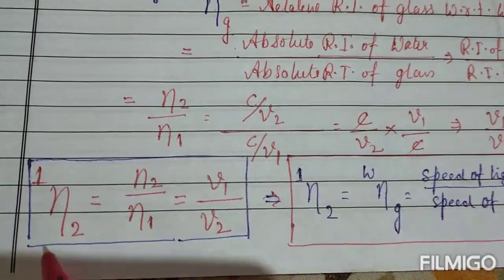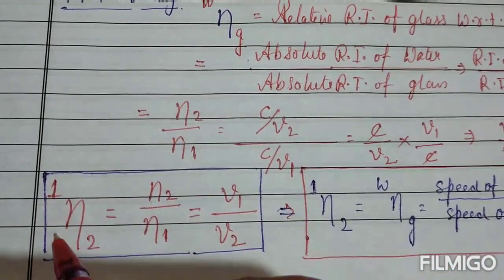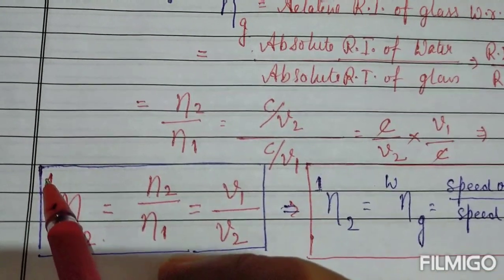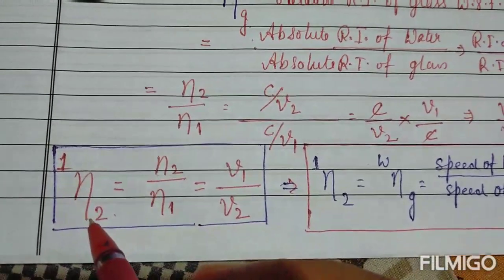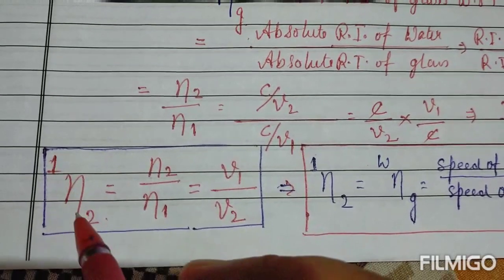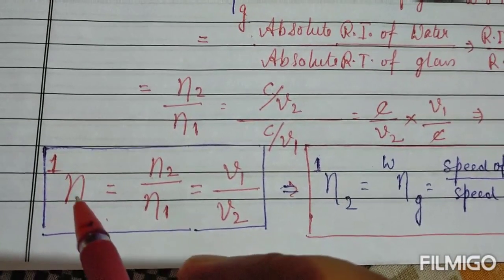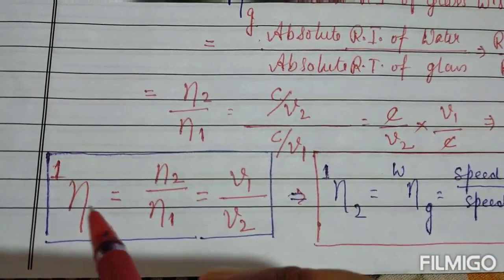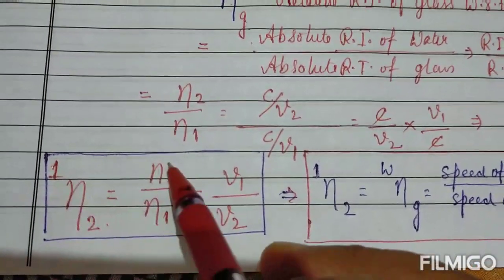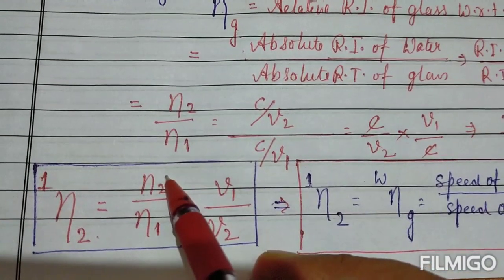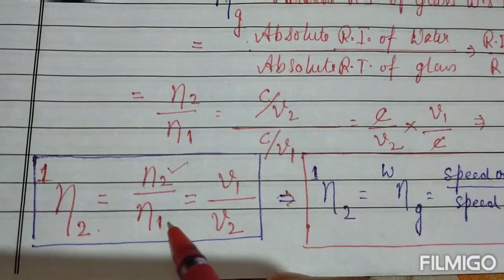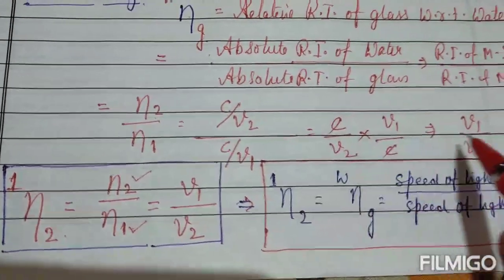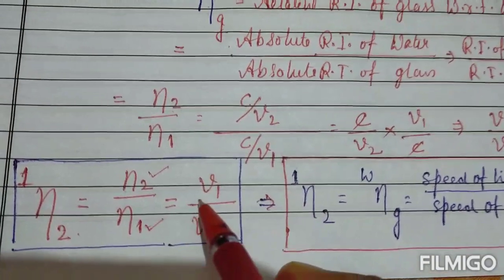So we have found that it is also written as refractive index of medium 2 with respect to medium 1. In some books, it is also written as 1 nu 2, meaning refractive index of medium 2 with respect to medium 1. That is absolute refractive index of medium 2 divided by absolute refractive index of medium 1, and we have calculated this as V1 by V2.